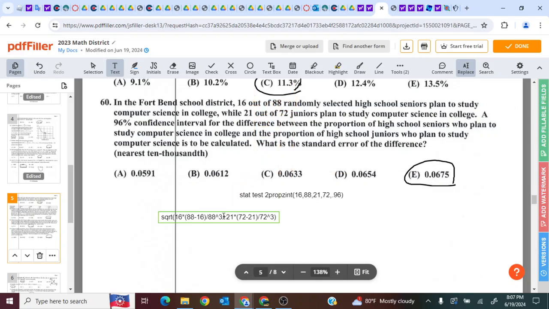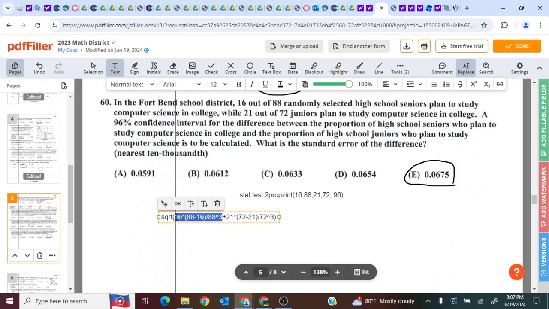If you square root these values right here, but then you square it again, because the combined standard deviation is the square root of standard deviation 1 squared plus standard deviation 2 squared, the square root and squared are counteracted. So you simply put all this in your calculator and take the square root to get back to the standard deviation and get 0.0675.